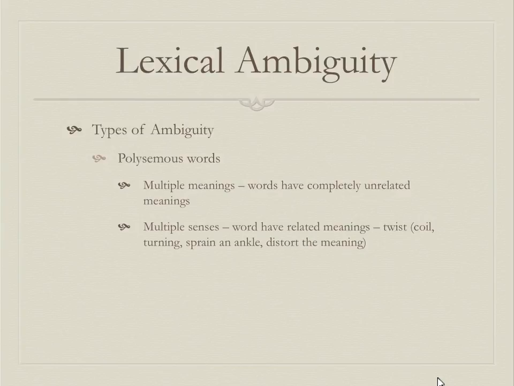So a twist could mean to turn something, it could mean to sprain an ankle, it could be you twisted my words. So how do we discern which meaning of the word to use? It could be that the words sound the same and they're totally different meanings, or it is the same word, it just has different dictionary definitions.